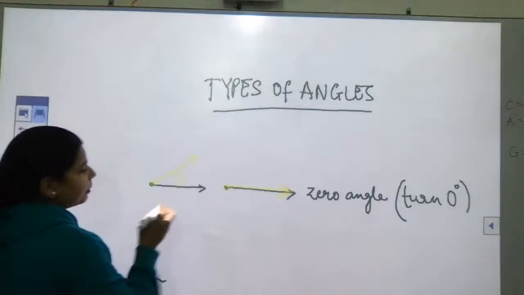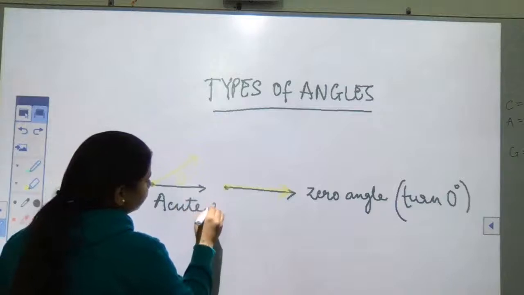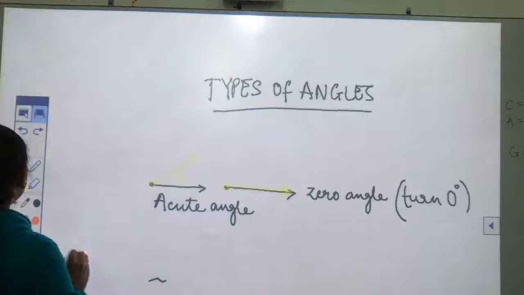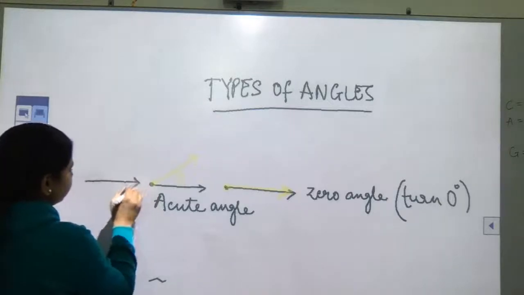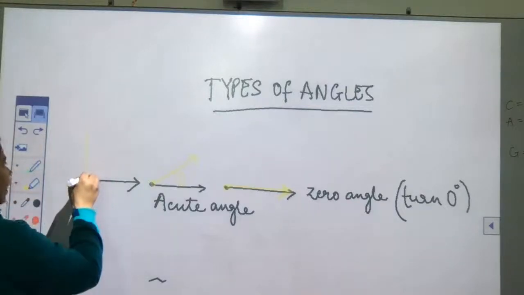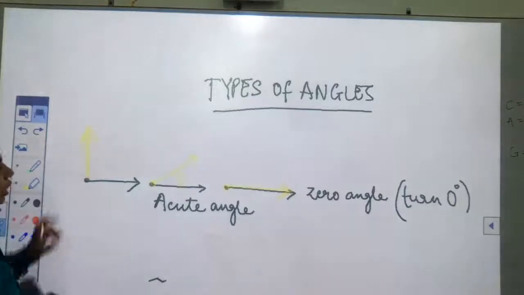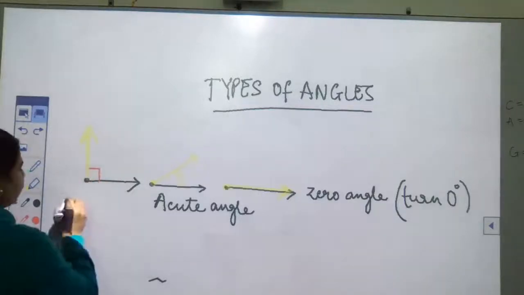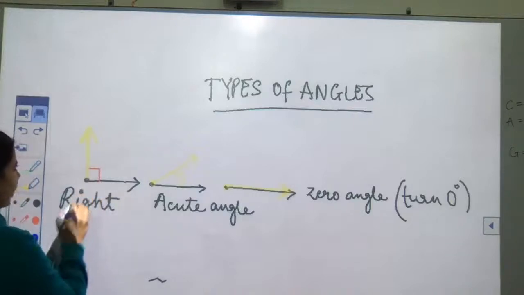It is an acute angle. यही टर्न जब आपका बिल्कुल 90 डिग्री पे मीट करता है, let's suppose this is first ray and this one is ray 2. तो ये हमारा यहाँ पर 90 डिग्री फॉर्म कर रहा है और इसे हम कहते हैं राइट एंगल. 90 degrees is a right angle.